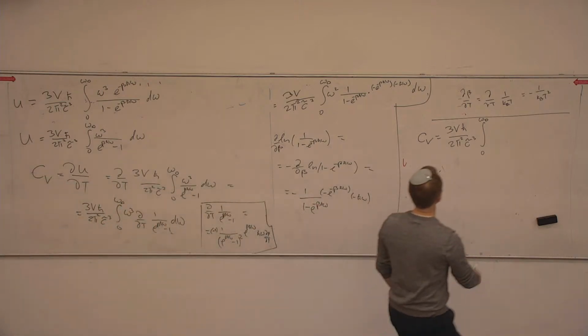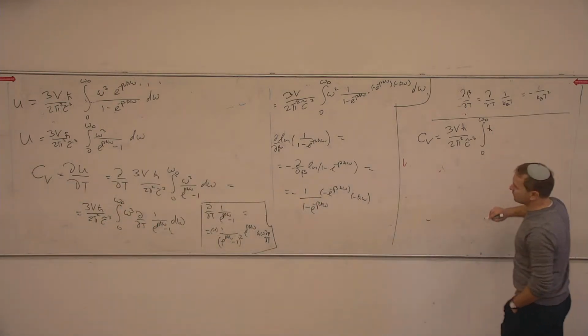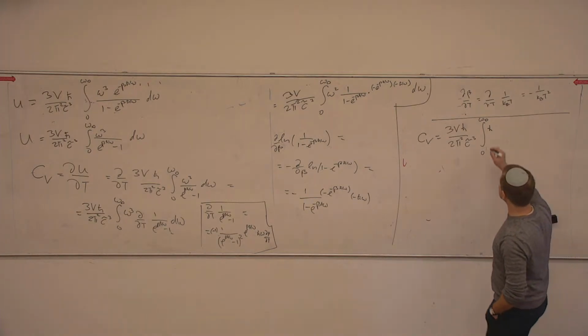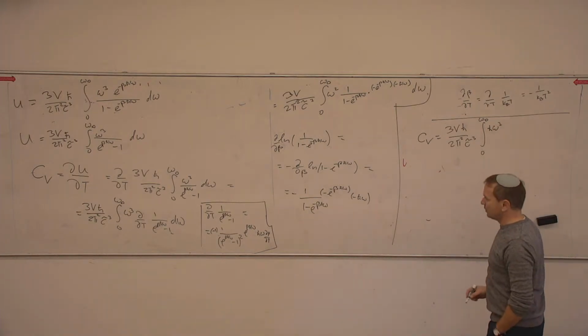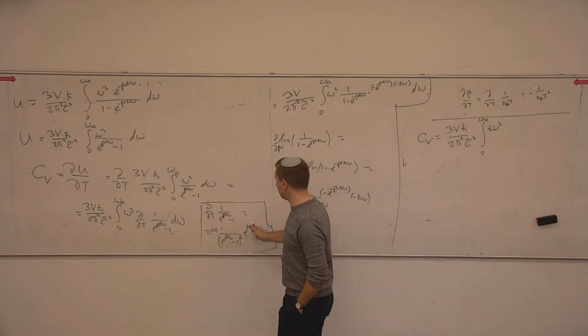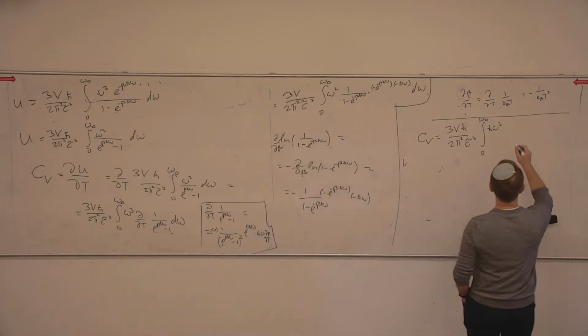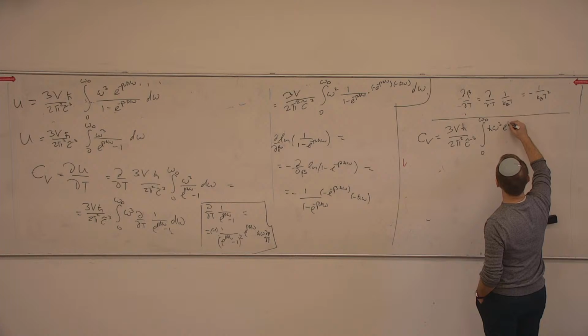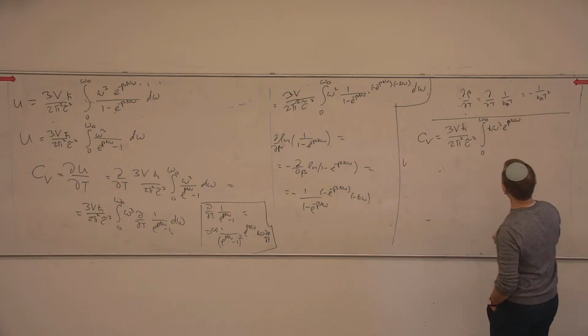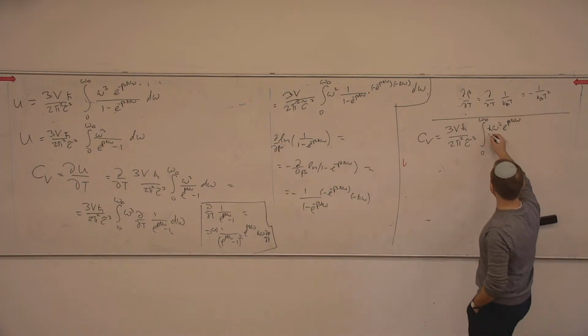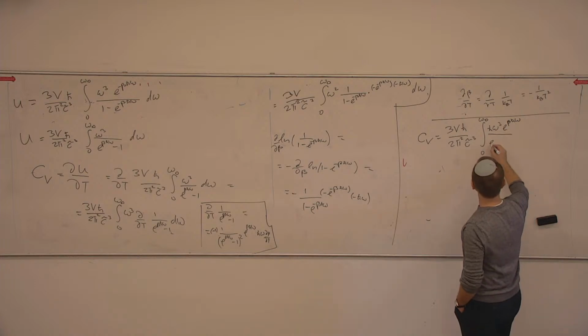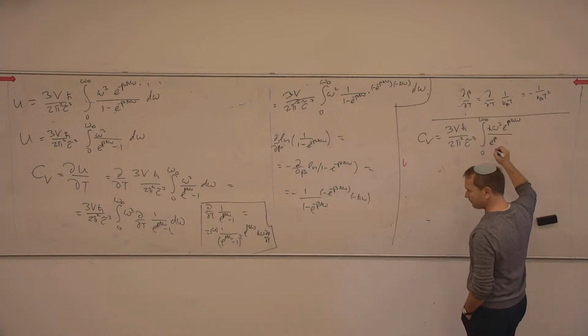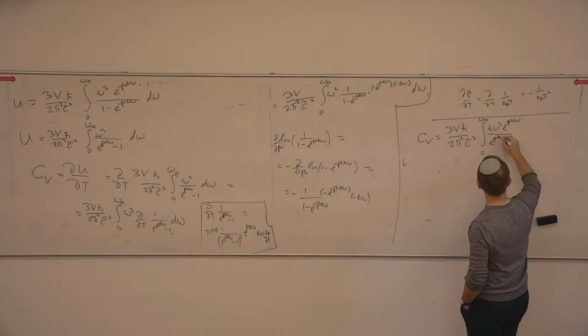So we have h bar, omega to the third. We are still going to have e to the beta h bar omega over e to the beta h bar omega minus 1 to the second power.